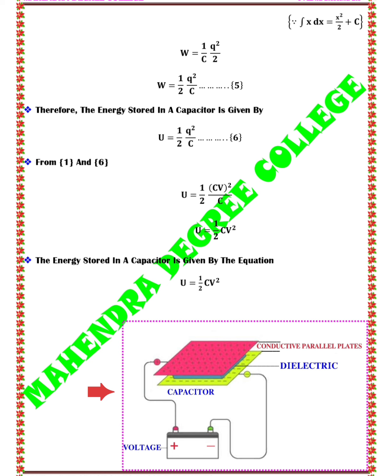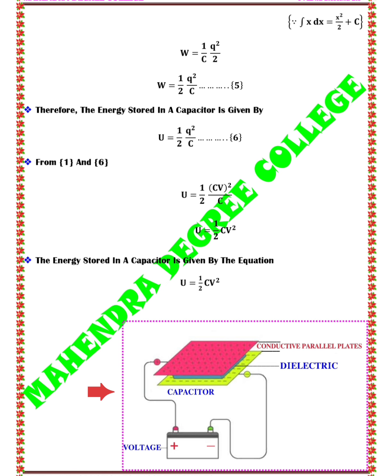Capacitors work by storing electrical energy when a voltage is applied. When a voltage source is connected, one plate accumulates positive charge while the other accumulates negative charge.